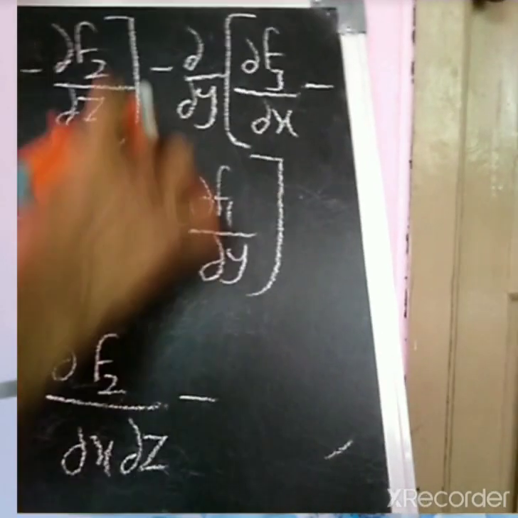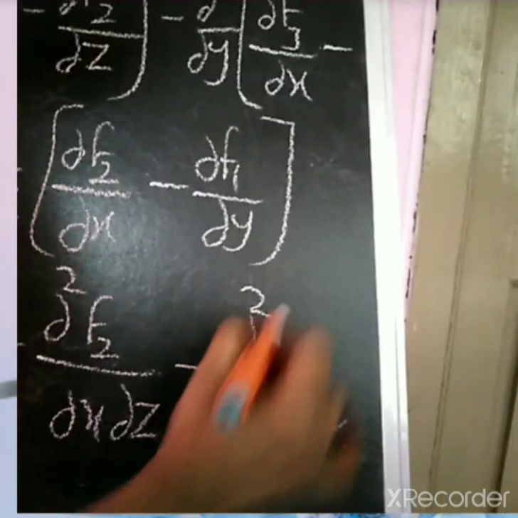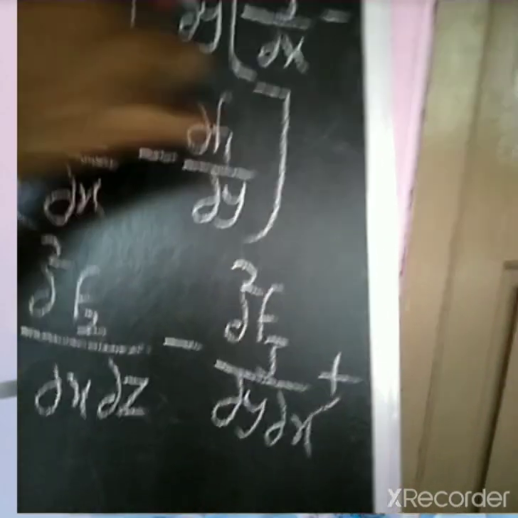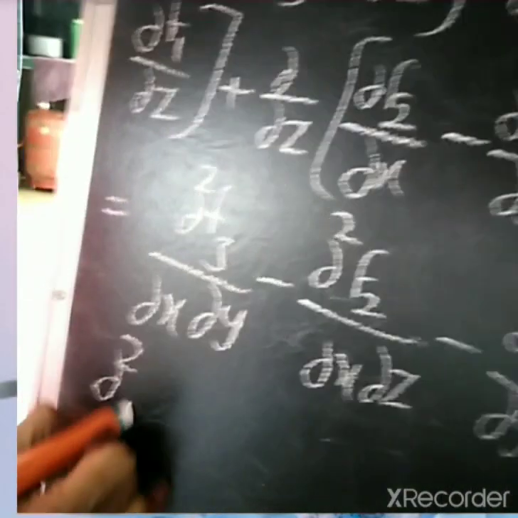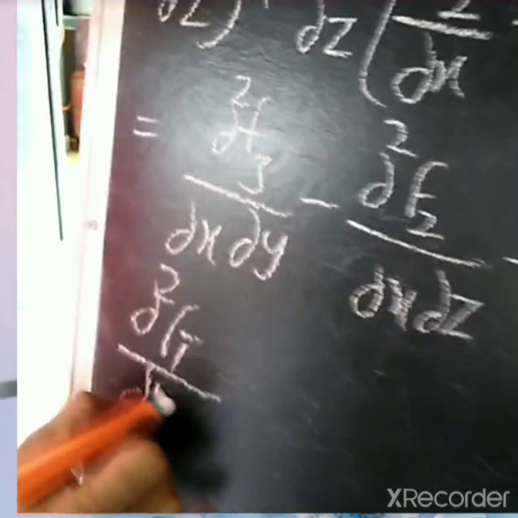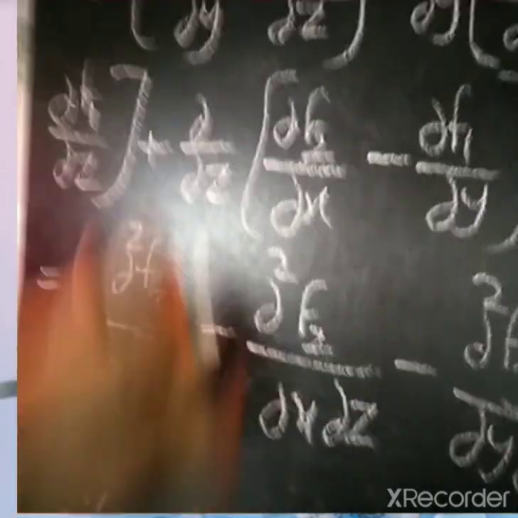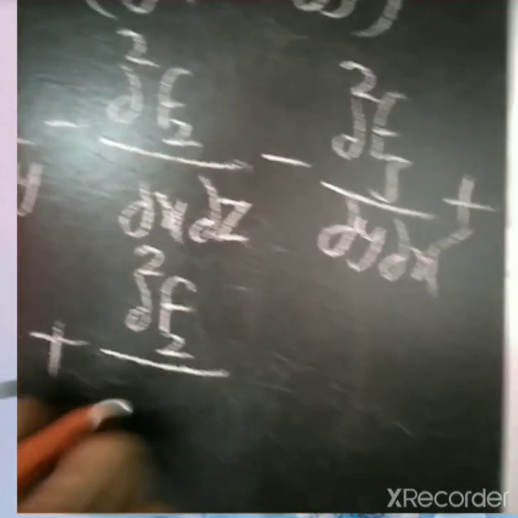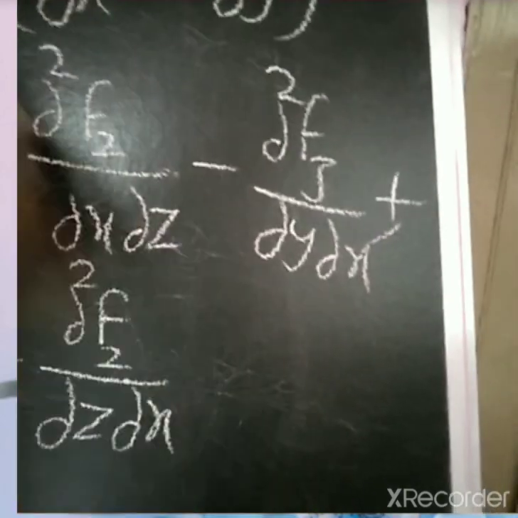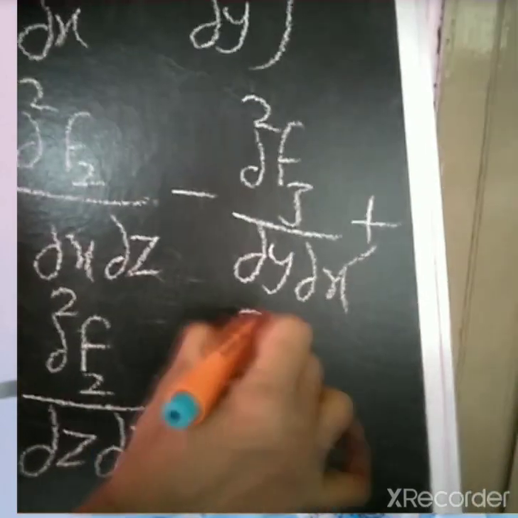Next, here minus is inside, so dou square f3 by dou y dou x, minus into minus is plus dou square f1 by dou y dou z, plus dou square f2 by dou z dou x, plus into minus minus dou square f1 by dou z dou y.